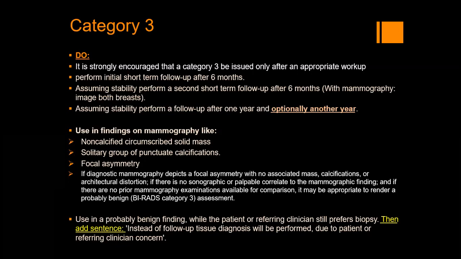After 6 months, stability. After 1 year, stability. And after 2 years stability, then it will be BIRADS 2. The third year is just optional. From the second year stability, it will be converted to BIRADS 2.